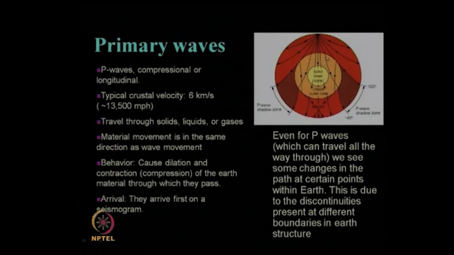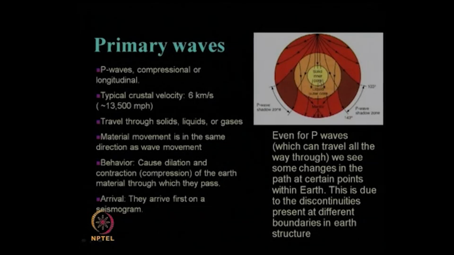Finally, some waves will get transmitted through, because these waves can travel through all media. From solid to liquid it can travel easily. Similarly, when it hits another boundary, from the liquid outer core to the solid inner core, there is again some transmission of the wave through this media. Is it clear? So, it can travel in all directions.